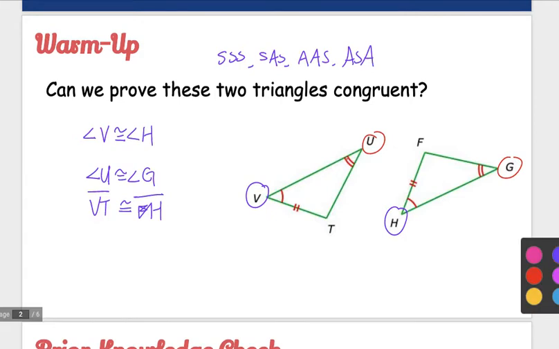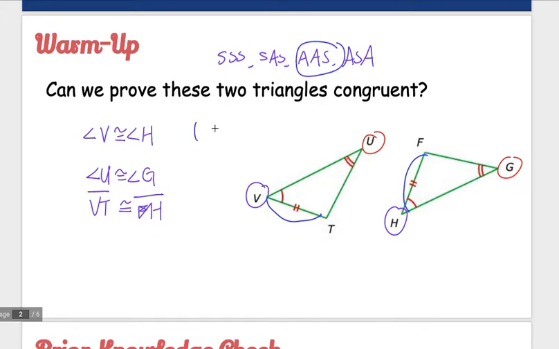We also have the side, which is not in between the two angles here. So that's why these two triangles are congruent by AAS, this is the method we are going to choose. So one pair of angles, another pair of angles, and also the side.